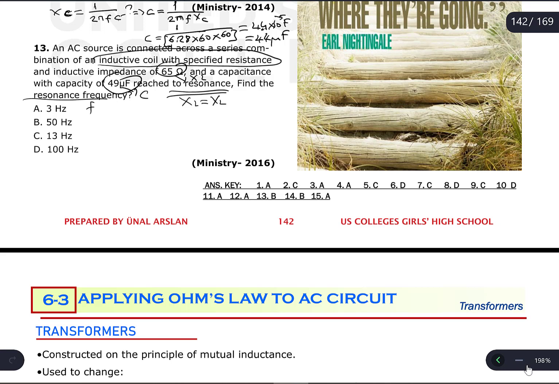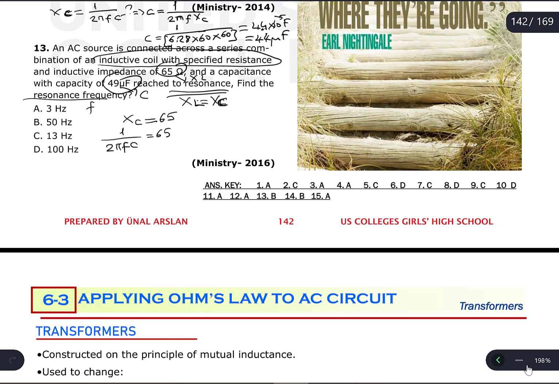Because C is given, I can use this equation. XL and XC are equal, and XL is given as 65, so XC also must be equal to 65 ohm. Equation for XC is 1 over 2 pi f C, which is equal to 65.